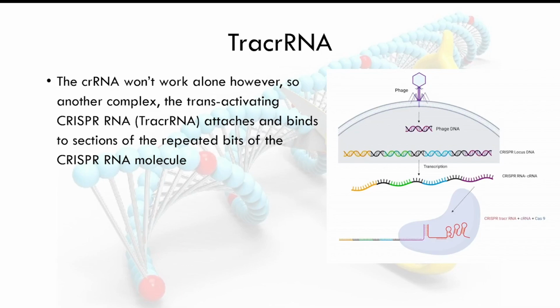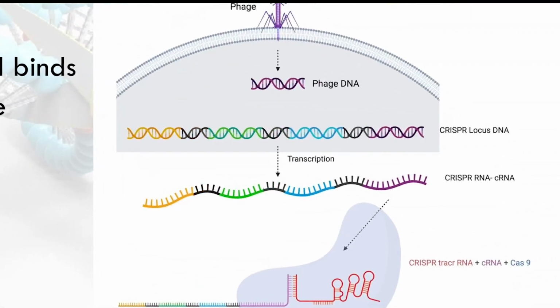And this is called the trans-activating CRISPR RNA, or the tracer RNA. It attaches and binds to the sections of the repeated bits of the CRISPR RNA molecule. If you have a look at my very tiny picture over here, you can see we have our CRISPR locus DNA, where we've saved the phage DNA. We then transcribe that into our CRISPR RNA, so our crRNA.